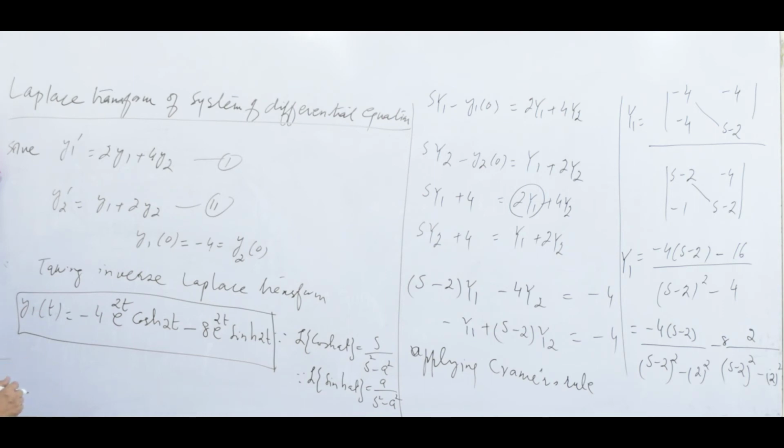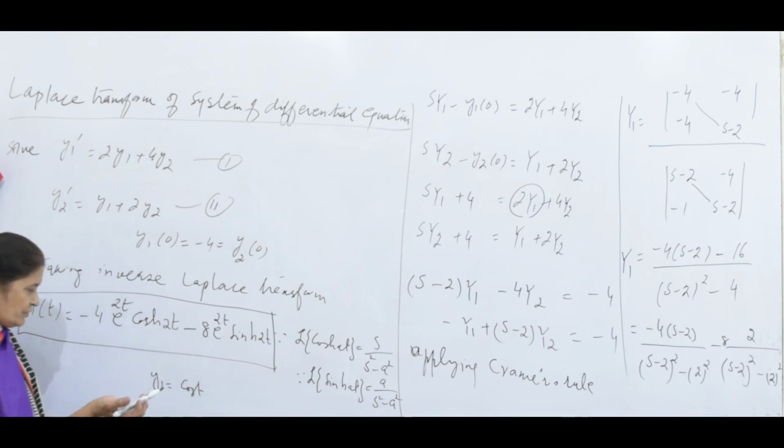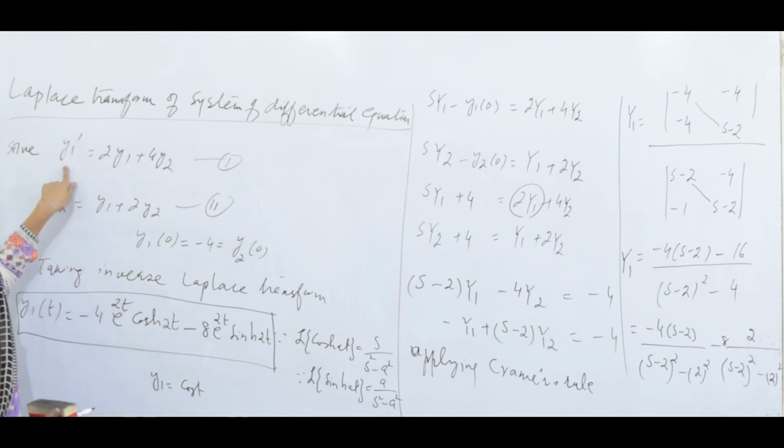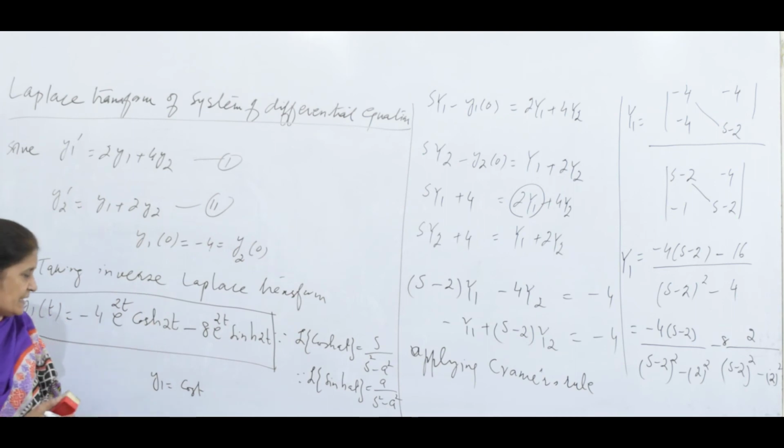One thing I would like to discuss here: in the previous question our answer was very small, suppose it is something like cos t. Then if you take the derivative and put the value of the derivative there, you can find y2 immediately.